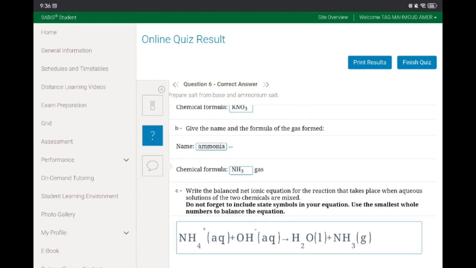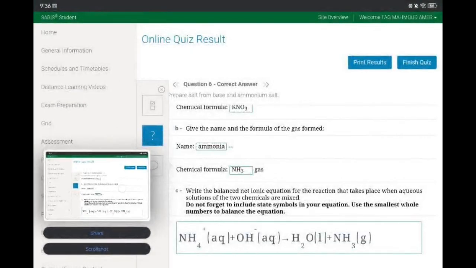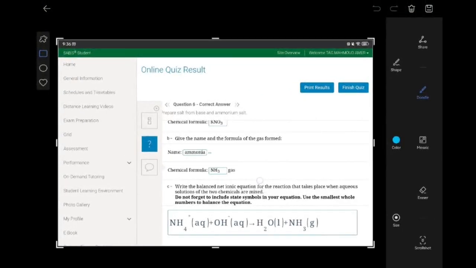And then here you have to read the question. Balanced net ionic equation, again, because the next one says balanced overall non-ionic. Always read the question though. Again, you can do the same thing like last time, but I'm sure you guys get the idea by now. You separate all of them.